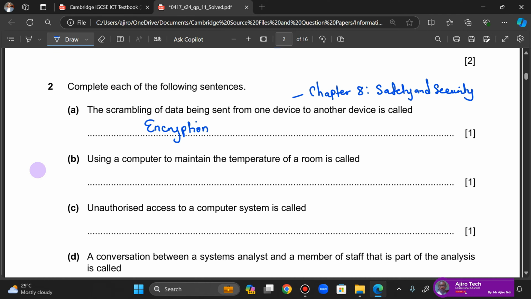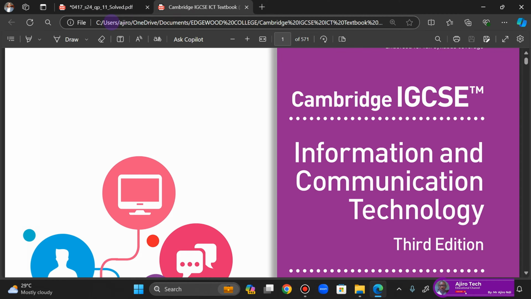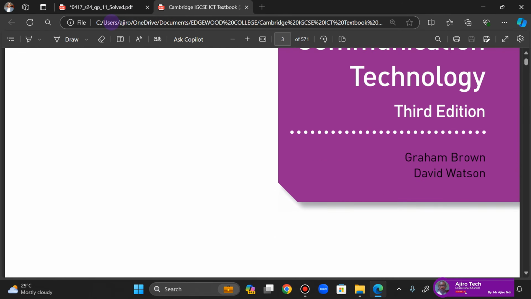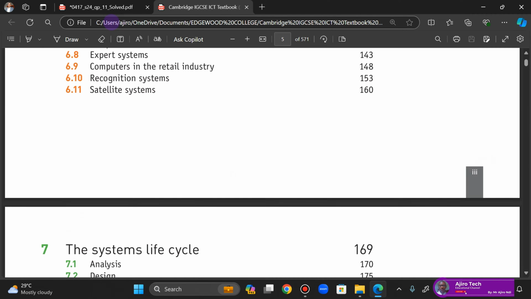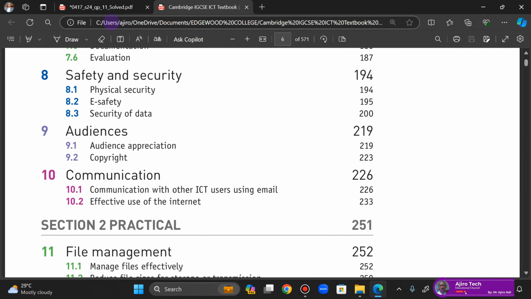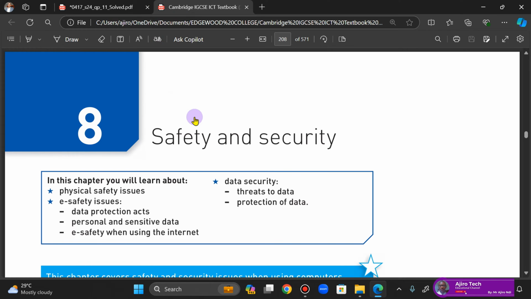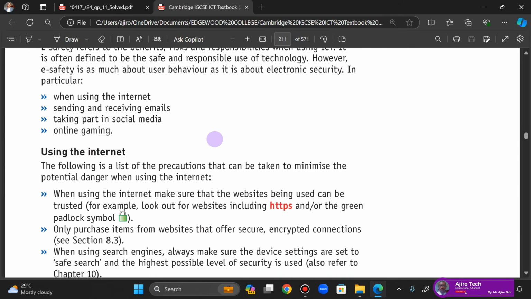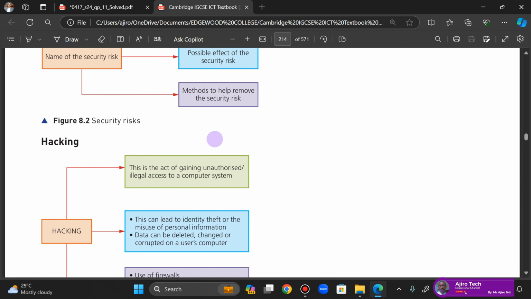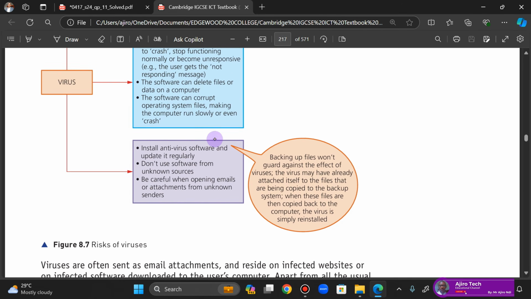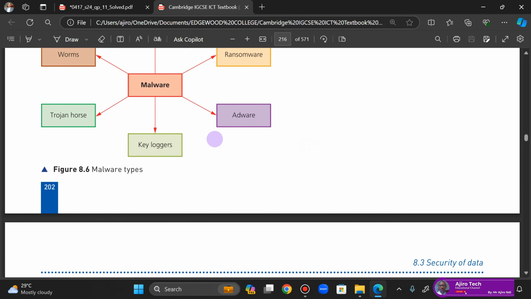I think I can do the honors by just quickly showing you where you can actually find all this, so it makes our work easy for us. You see encryption here.